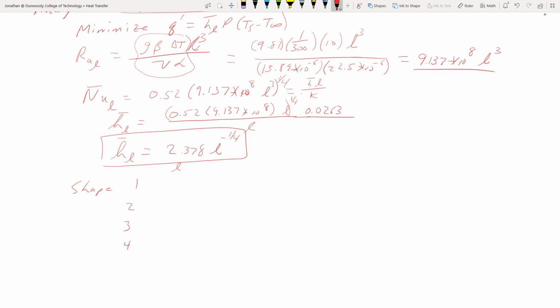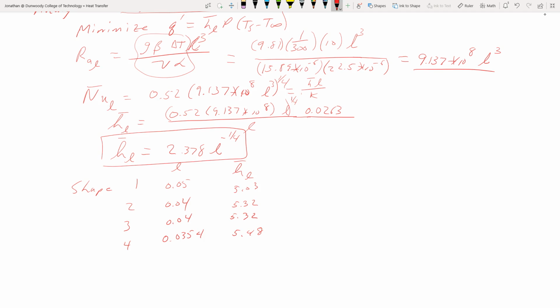Our L is going to be 0.05, 0.04, 0.04, 0.0354. And so then filling that into here, H bar sub L, this works out to be 5.03, 5.32, 5.32. This is 5.48.